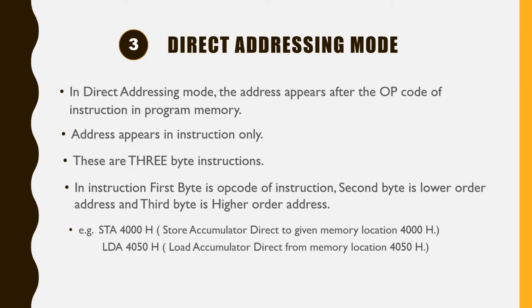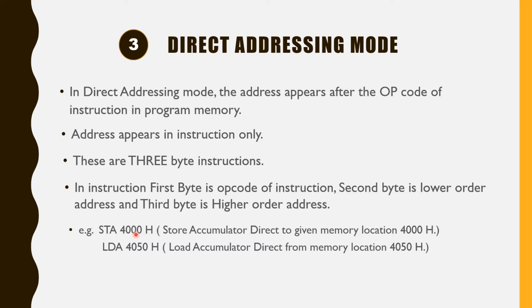For example, here STA 4000H, they are given the example. The meaning of this is store accumulator at memory location 4000H. That is, they are given here the operand as an address. So whenever they are given an address after the opcode, then it is called a direct addressing mode.